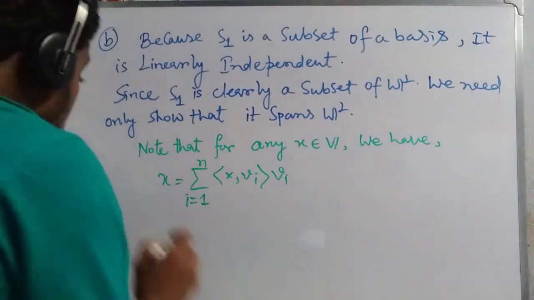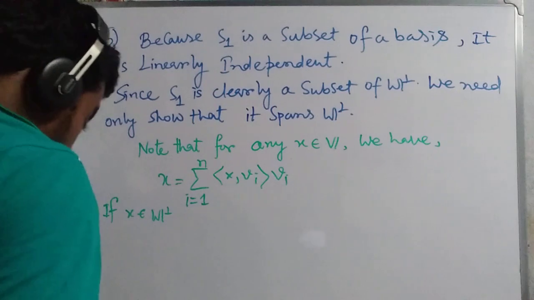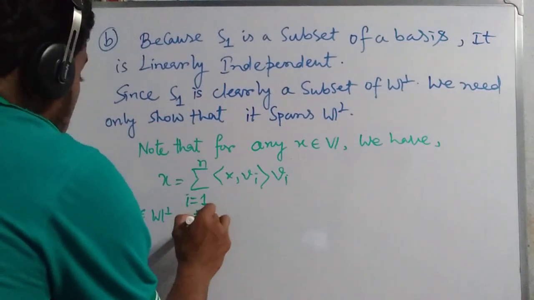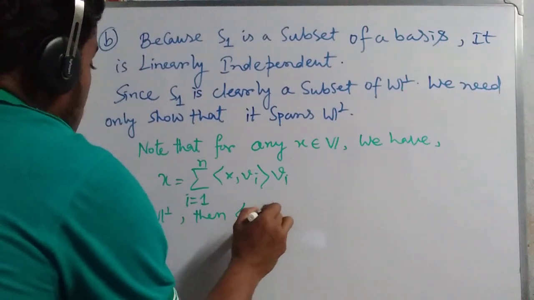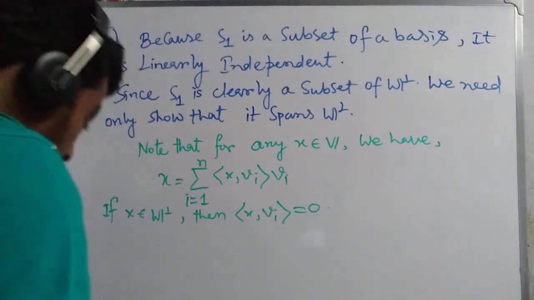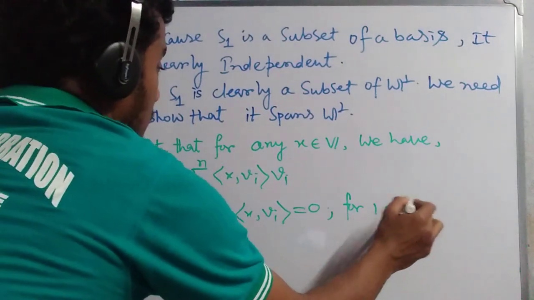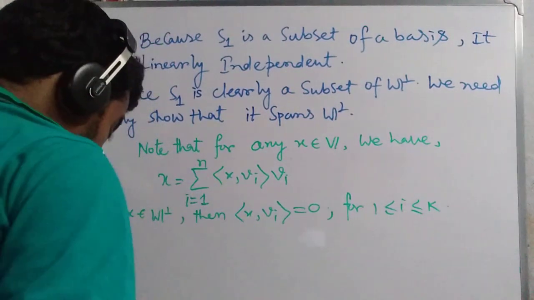Understood? If x belongs to W perp, then the inner product of x and vi equals 0 for 1 ≤ i ≤ k.